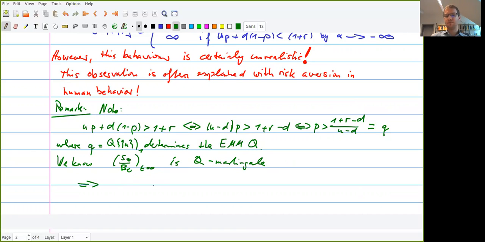This means that, if we look at this under the physical measure P, right? So under the measure Q, this is a fair game. So on average, I lose and gain equally.